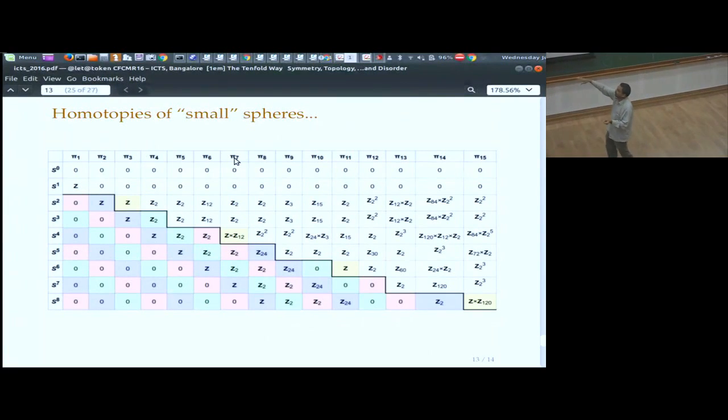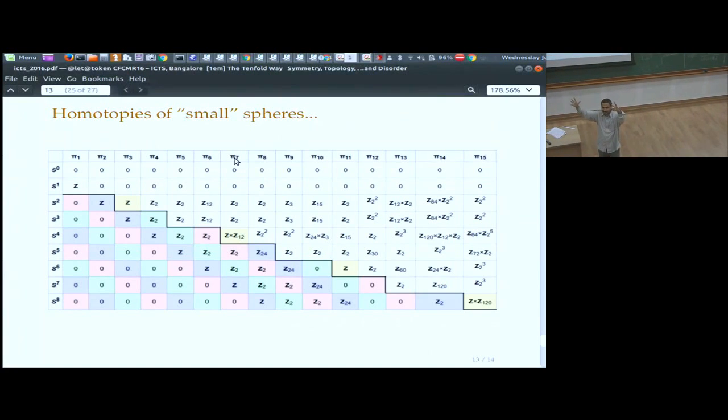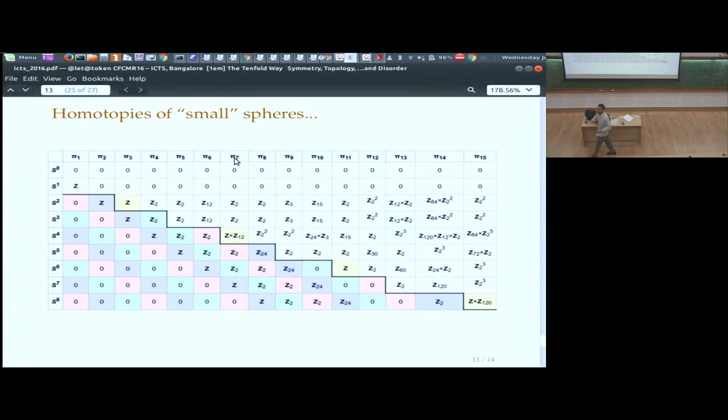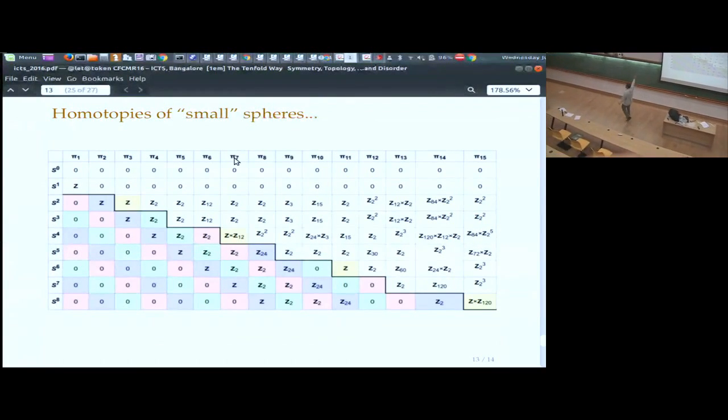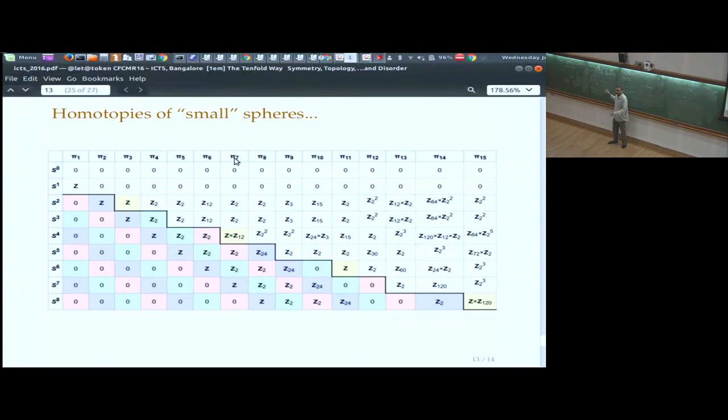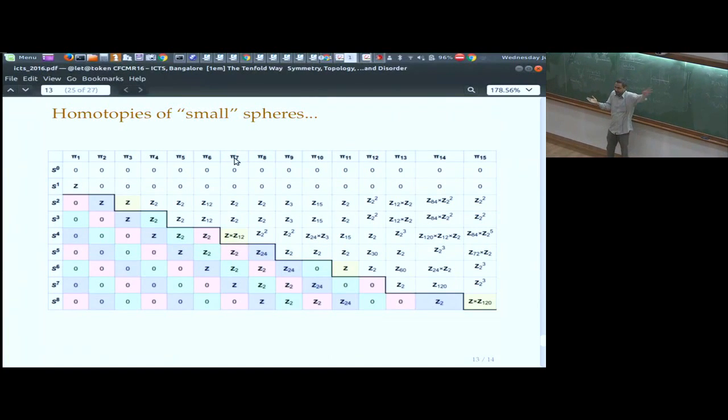So when you go to large dimensional objects and do homotopy from smaller dimensional objects, they start to get some patterns. Why is that important for us? Because now just from this picture, we can see that if I have a few bands, I can get any answer I want.